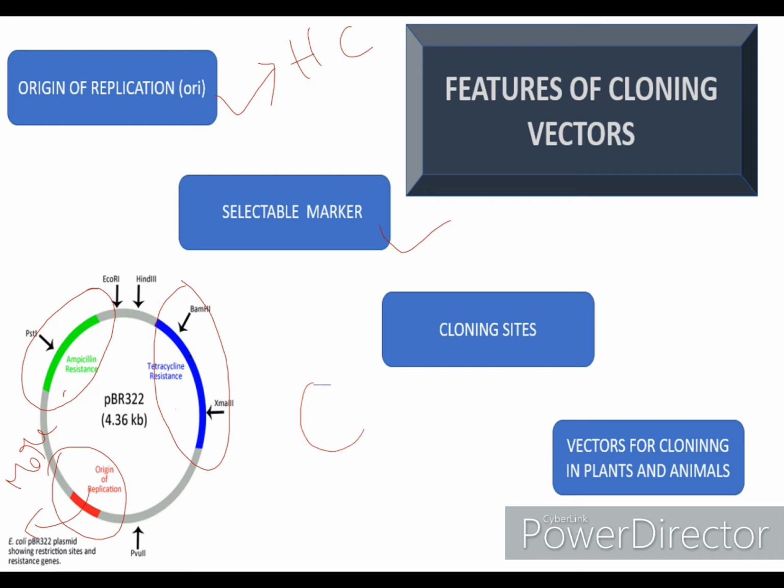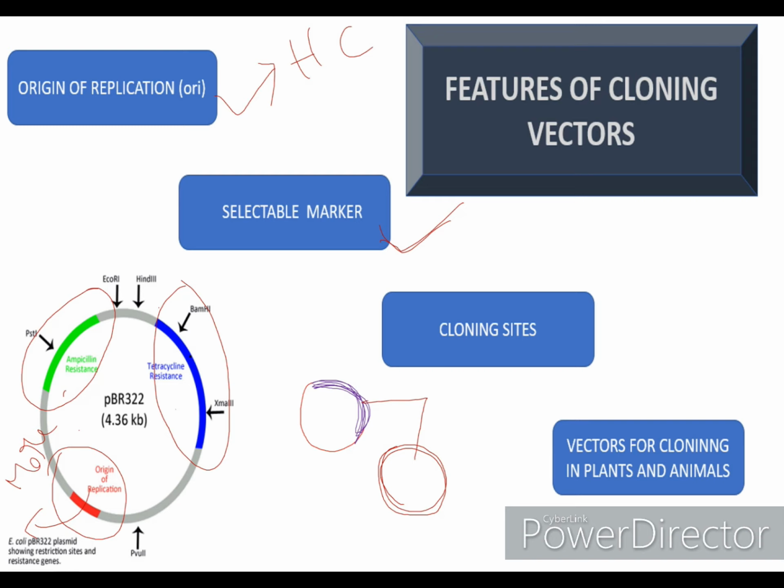Recombinant plasmid means the plasmid with our desired gene, which I am indicating in purple color. And non-recombinant plasmid means normal plasmid without our desired gene. These two can be selected with the help of these antibiotic resistant genes. So they are called selectable markers. I will discuss this later.